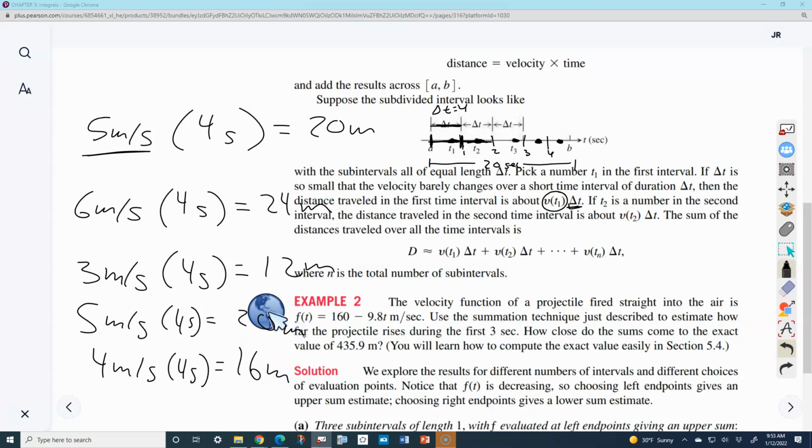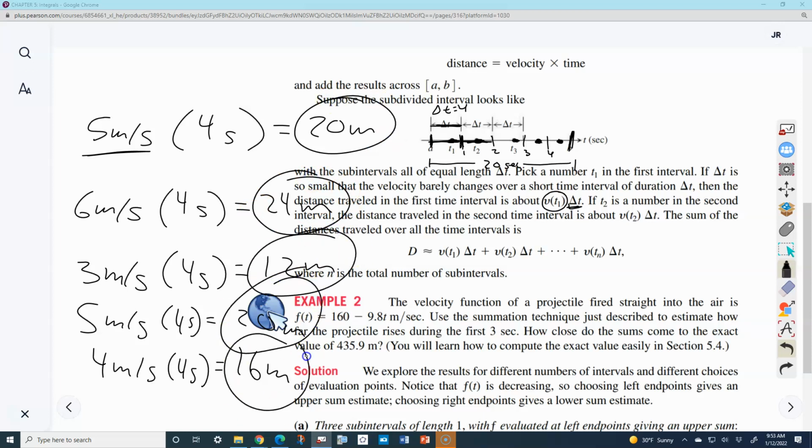So the total distance that I traveled over that full 20 seconds would be equal to what? I would do what to find it? Add all those up. I would add the distance I traveled in the first 4 seconds with the distance I traveled in the second 4 seconds, with the distance in the third, the fourth, and the fifth 4 seconds.